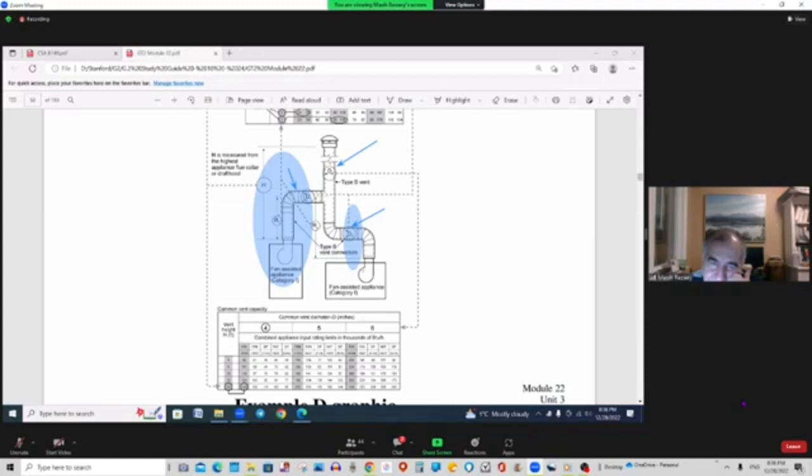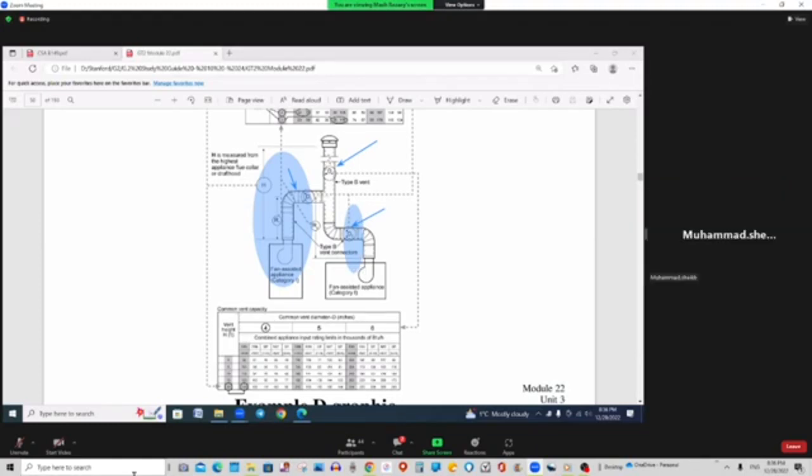Okay? So far you understand the drawing? Can you explain what we said, sir? Yes, sir. We have B vent and B connector there, and we should go to table C3. And we have H or height. And we should find R1 and R2, which is rise.